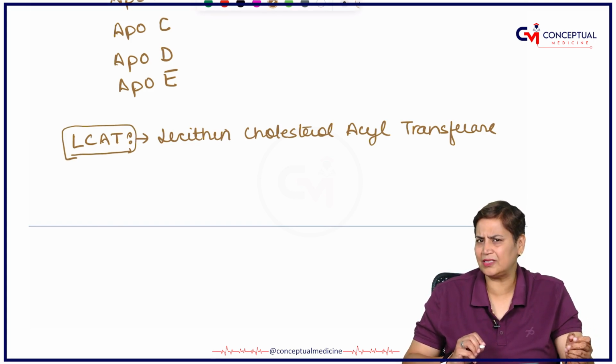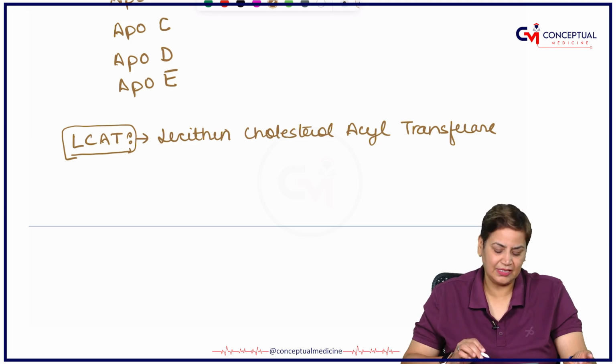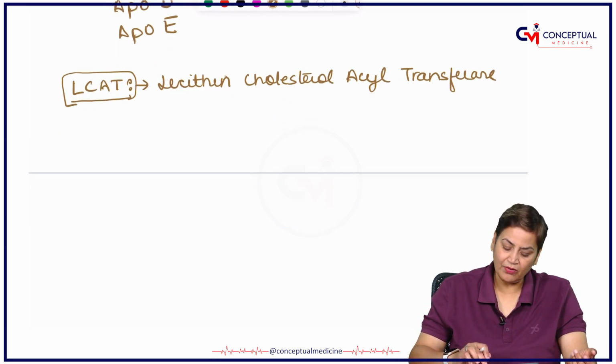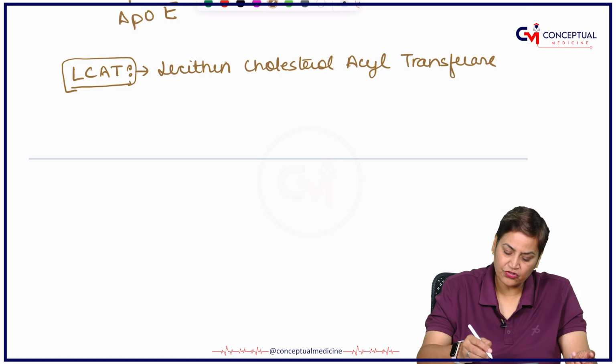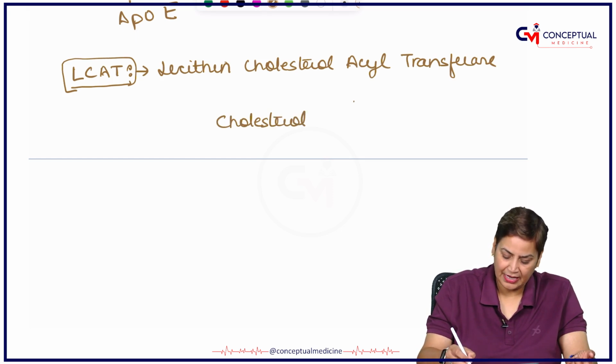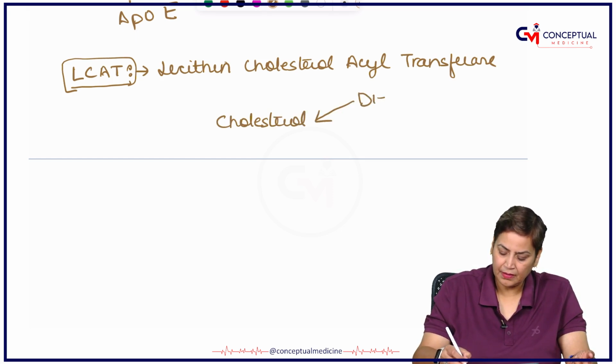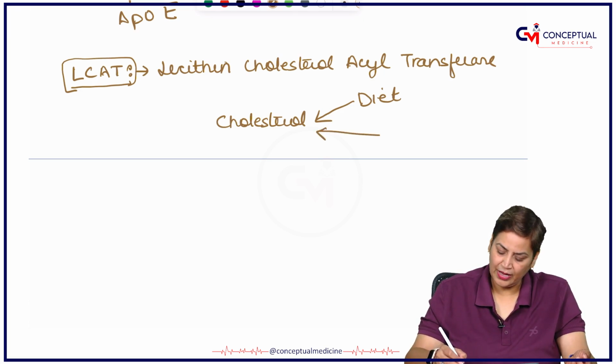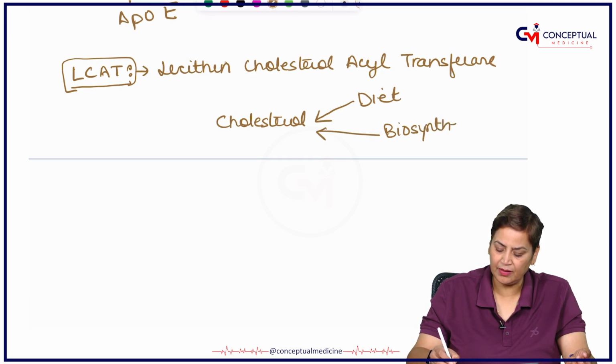It is a very important enzyme in the sense that, as you can see from the name itself, it forms a cholesterol ester. Because always remember, this cholesterol we get from the diet, and it is also synthesized in the body, so biosynthesis of cholesterol takes place in the body.